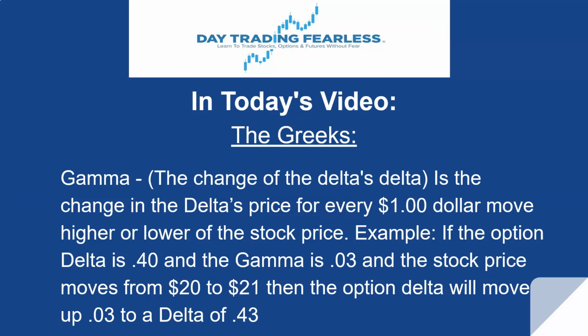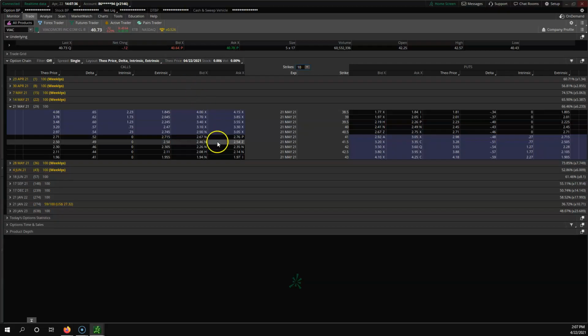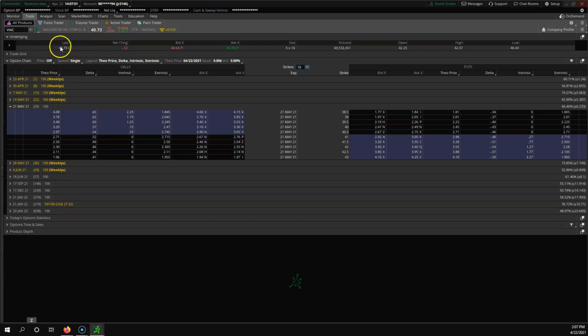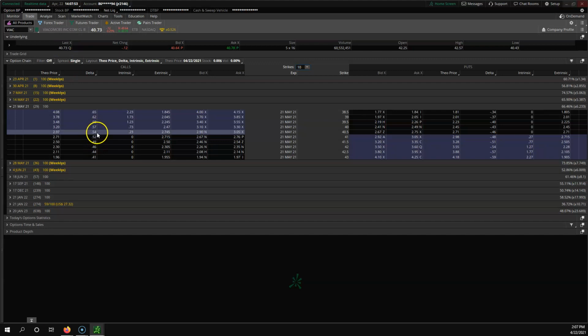So an example is, if the option delta is 40 and the gamma is 3, and the stock price moves from $20 to $21, then the option delta will move up 3 cents to a delta of 43. And that's why if we come back here to the delta, we see that the at the money is 52, the in the money is 54. Well, if we were to move another 25 cents, that would probably go to 56 and that would go to 54.